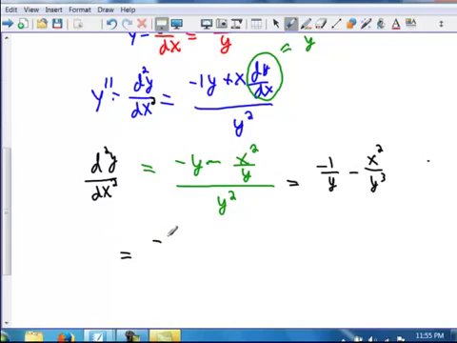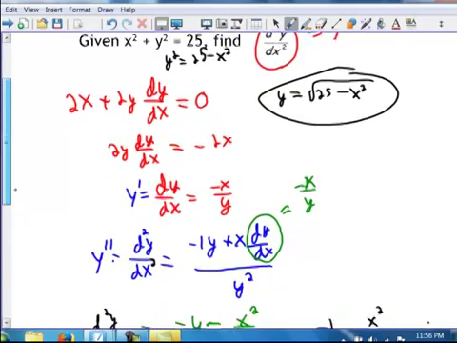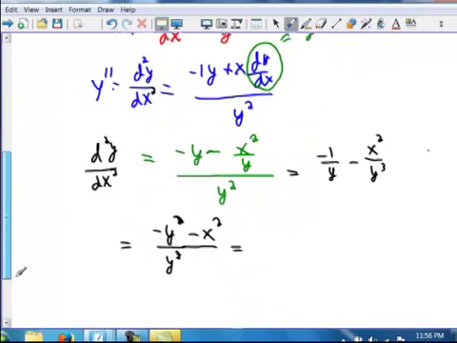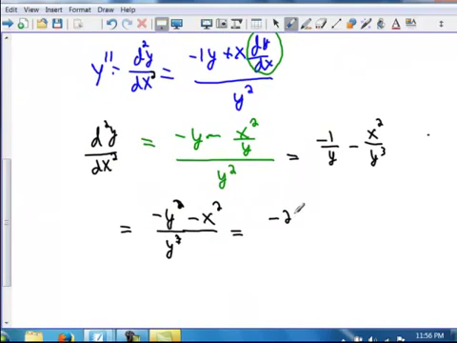So in some sense we could say, right here we have negative y squared over y cubed. I'm finding a common denominator here, by the way. Minus x squared, right? And then we know that y squared is 25 minus x squared. So it's negative 25, now plus x squared minus x squared, over y to the third. What's that going to be?